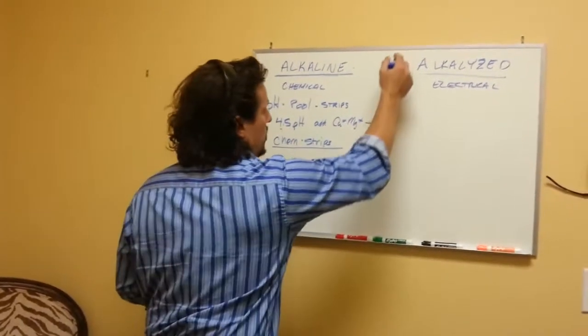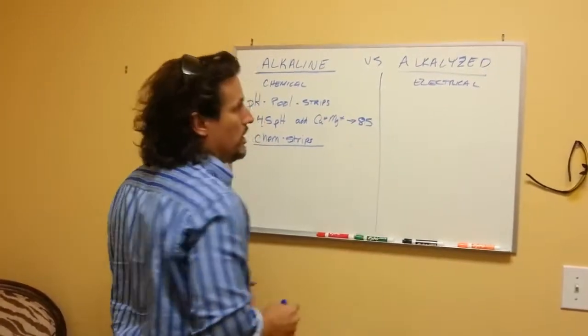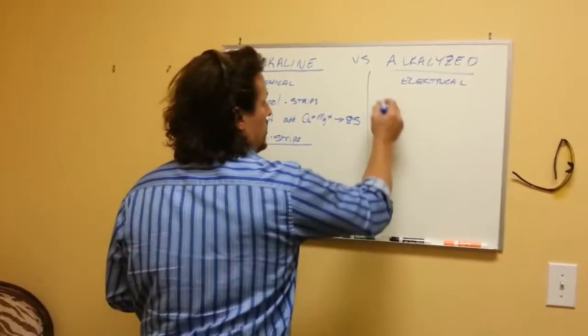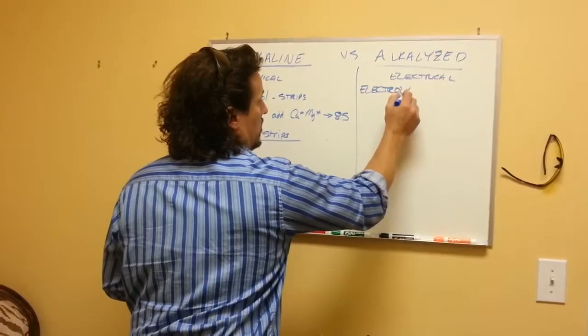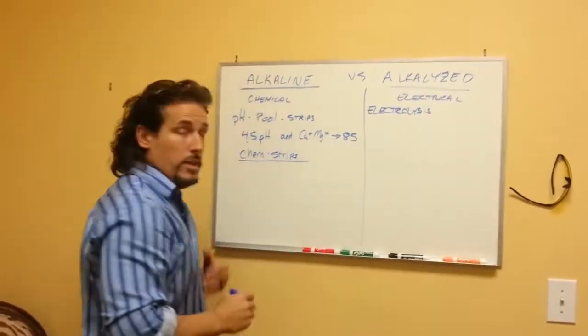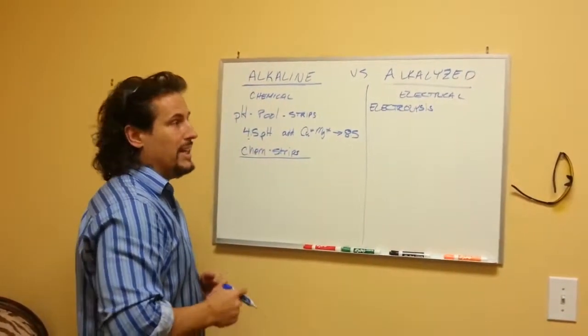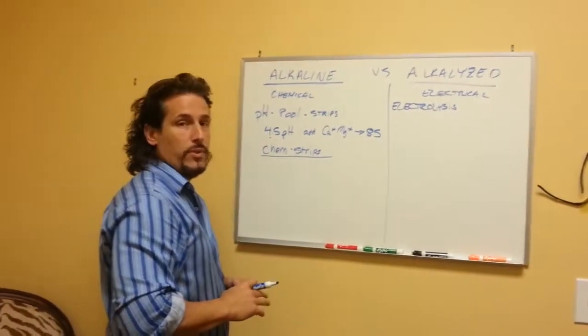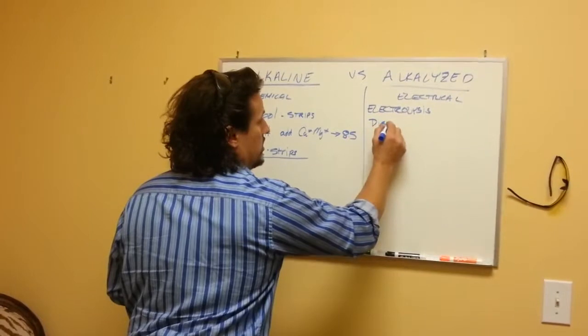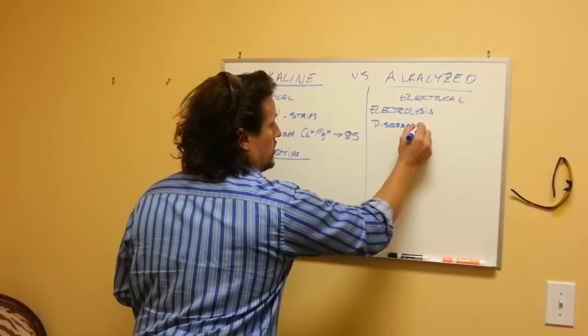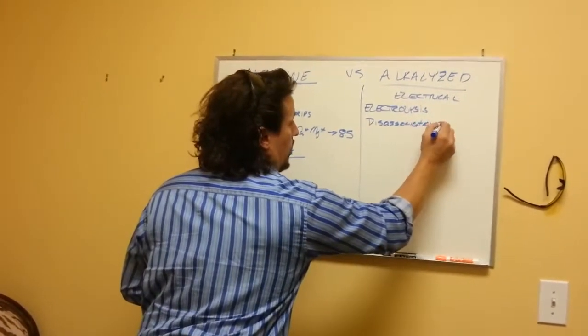However, when you start to compare this to alkalized water, what's going on is there is an electrolysis process, and basically it's shocking the water. It takes an enormous level of energy to do a process that is called the dissociation of water.